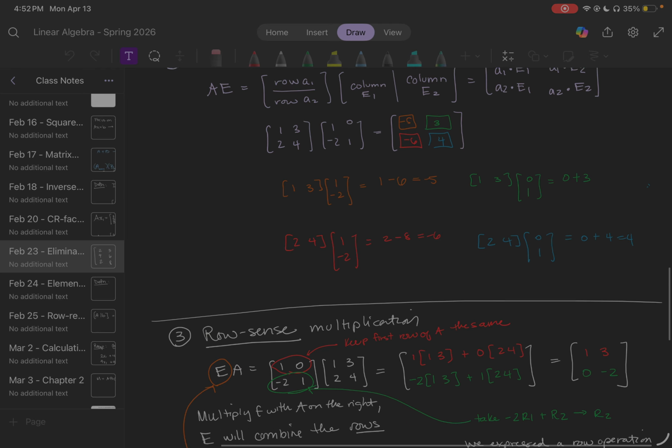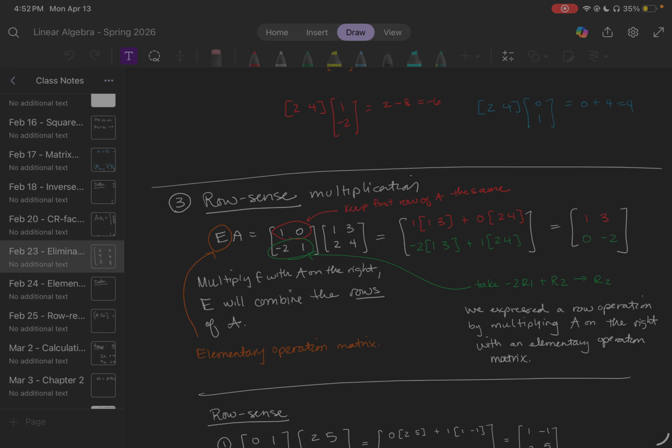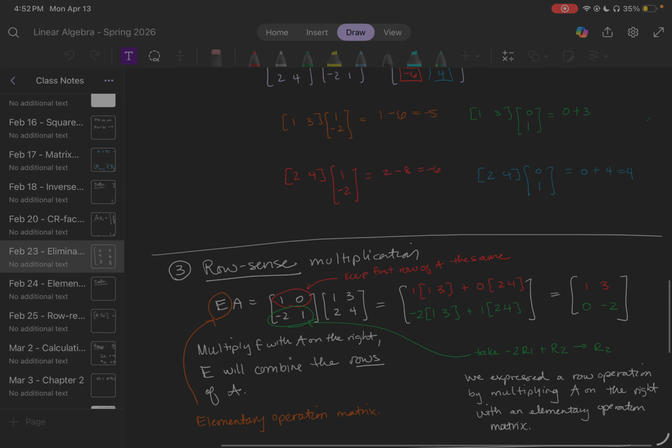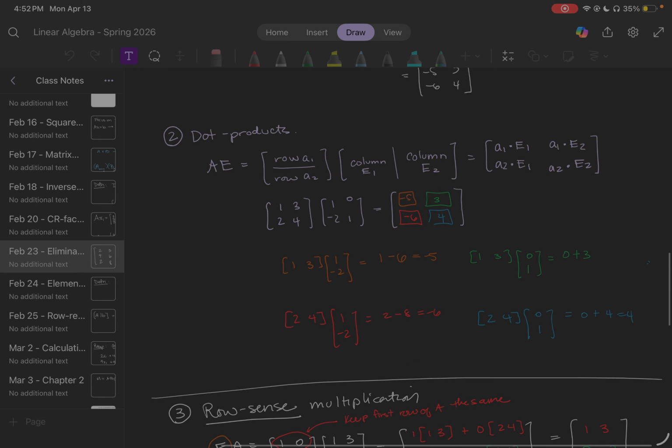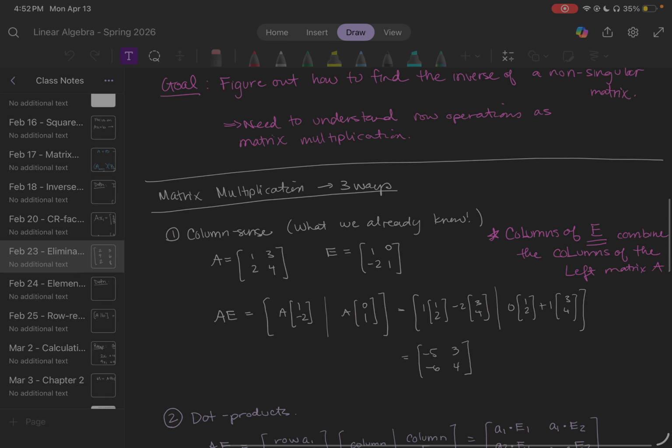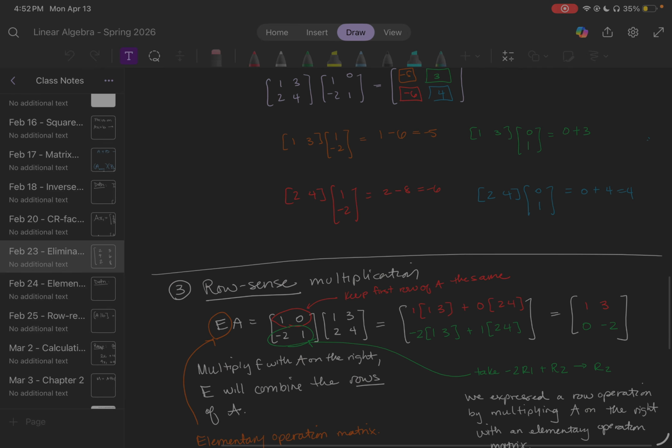Finally, the third one, which isn't usually used as commonly, is row sense multiplication. This is kind of similar, but instead of doing A times E, we're doing E times A in this case. In doing so, we look at the rows and add them as such, and doing that, we get our solution.